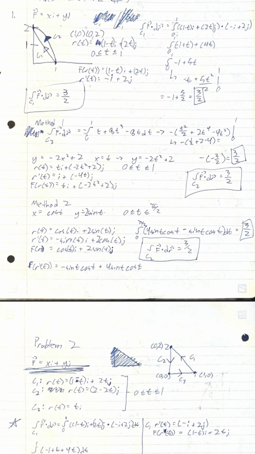And then there's the derivative, and plugging r(t) into the vector field F. Then that goes into the integral from 0 to pi over 2. The derivative of r(t) plugged into the vector field F, I just used a calculator for and got the same answer, 3/2.